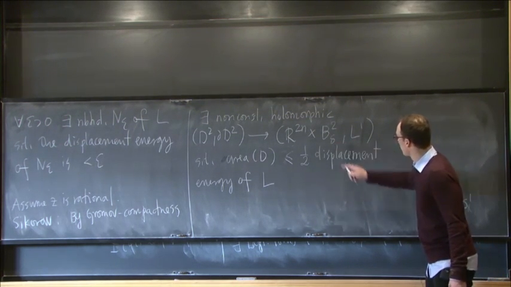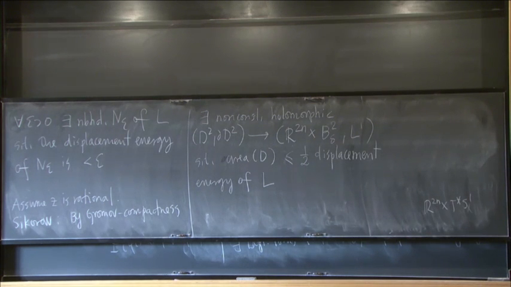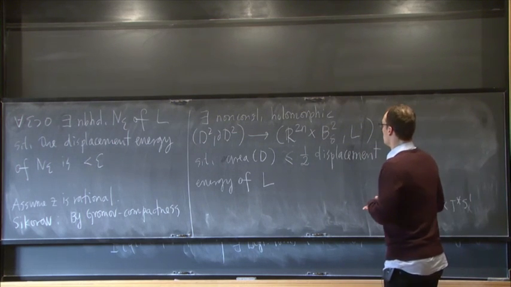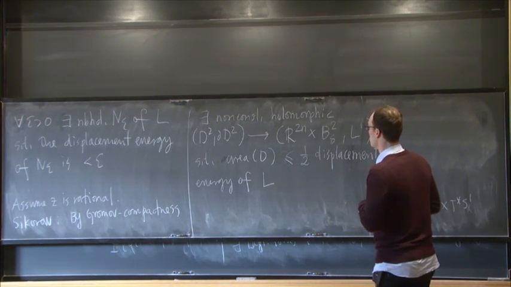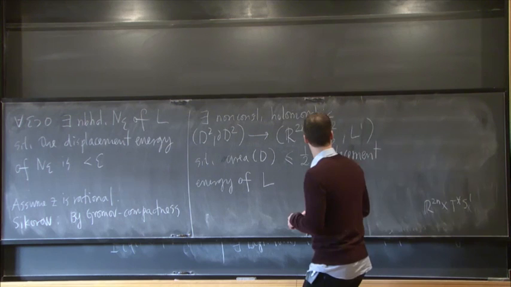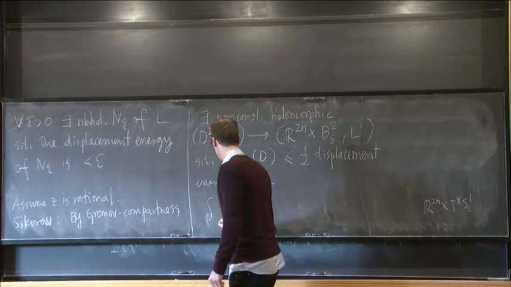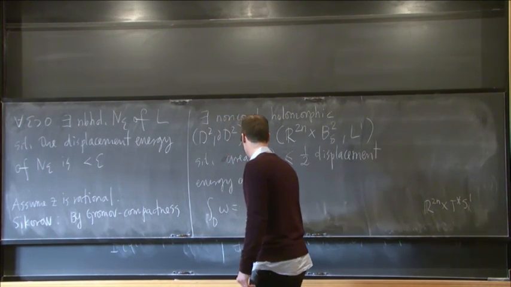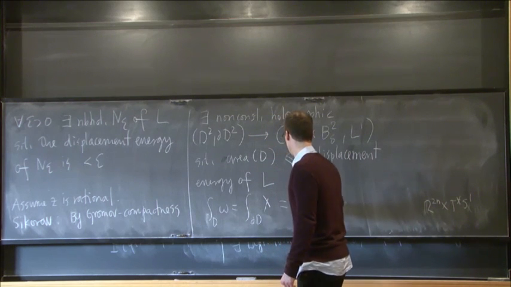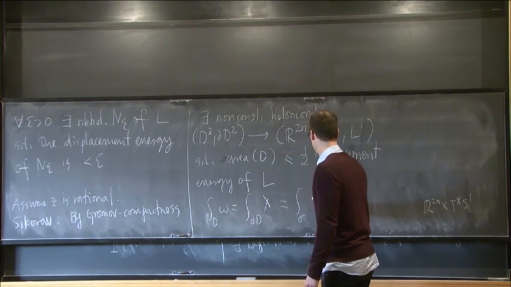And this number here is, up to some small estimates, twice the displacement energy of, or twice the maximum of this Hamiltonian F. And then if delta is small enough, I get this non-constant holomorphic disk. And its boundary lies on L prime. And the period of L prime is actually the same as the period of L. And since integrating over D is the same as integrating lambda L, we just get some cycle here.